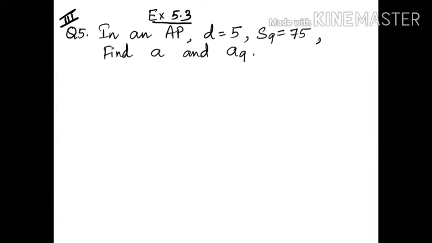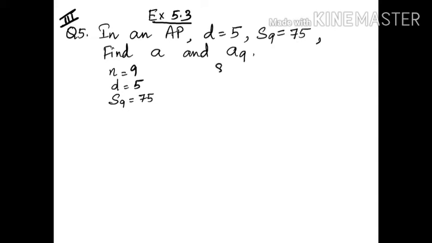Find the first term and the ninth term. So from the question we know that the number of terms in the AP is 9, common difference is 5, and the sum of 9 terms is 75.